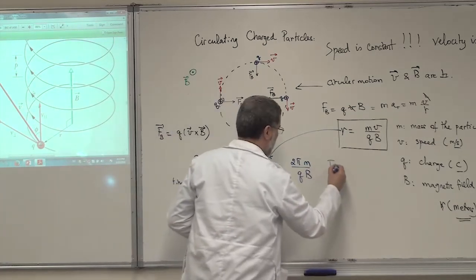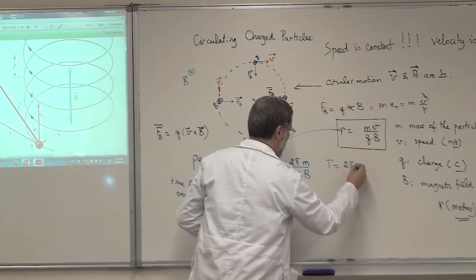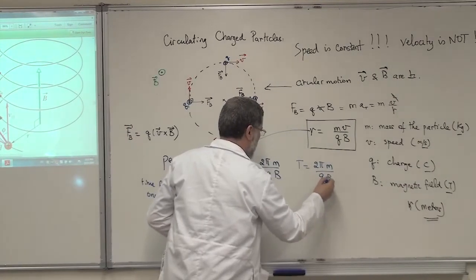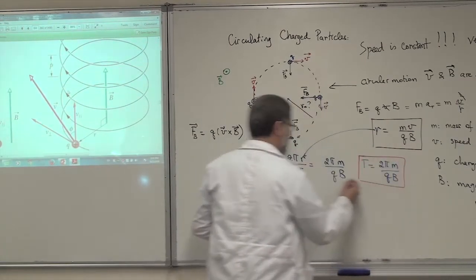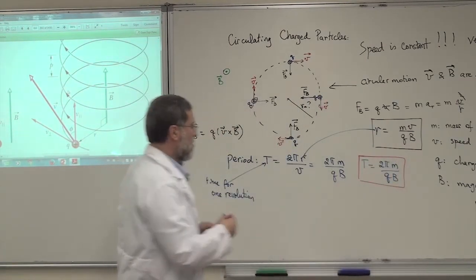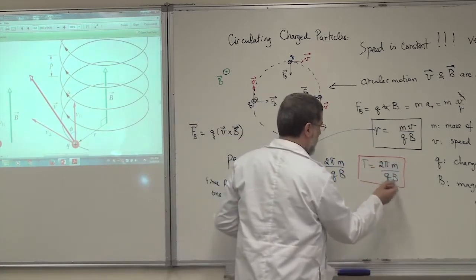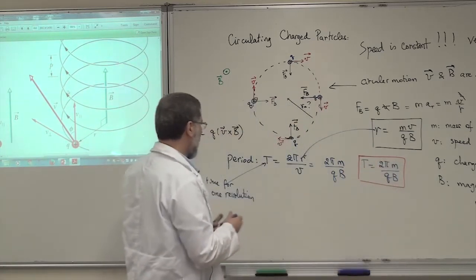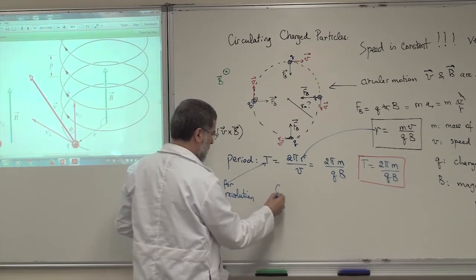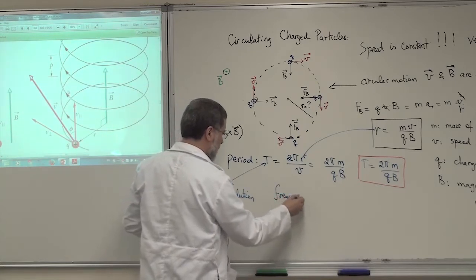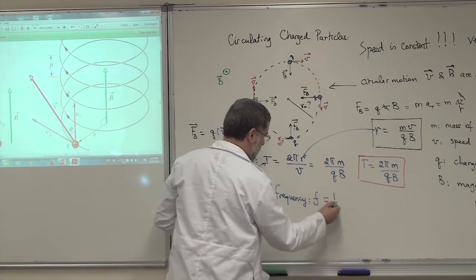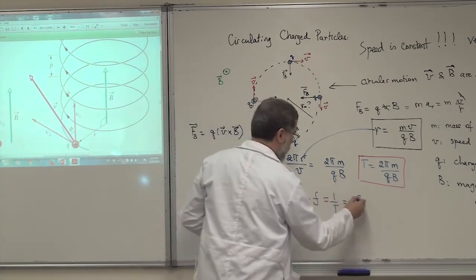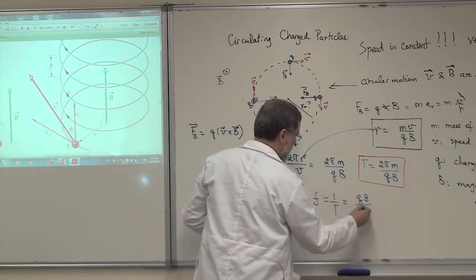Let me write it down here. T equals 2 pi m over q b. You notice something very important, that it is independent of what? Of the speed. The period doesn't depend on the speed. It depends on the mass, the charge, and the magnetic field only. We can also find the frequency of revolution, f, which is 1 over the period, which is q b over 2 pi m.